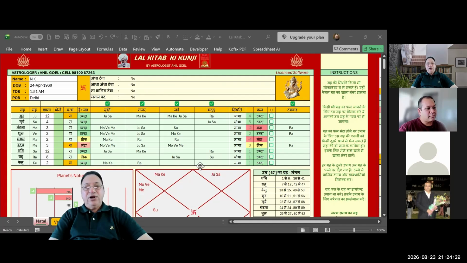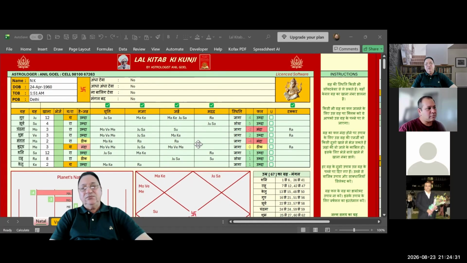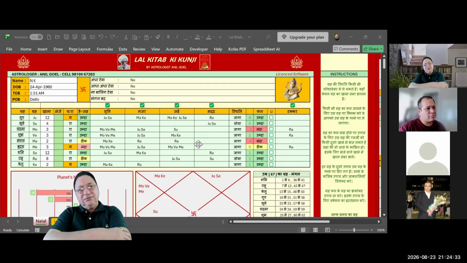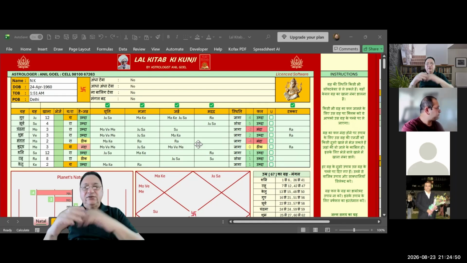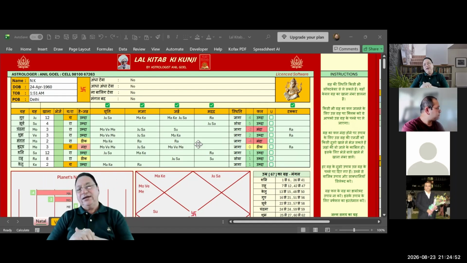What is the difference between Lal Kitab and Krishnamurti Paddhati? Okay, let me tell you, there are various ways of interpreting the horoscope. What we call Vedic astrology, from our Vedic times, there has been a huge amount of information about astrology, and there are many, many ways to look at the astrological chart.